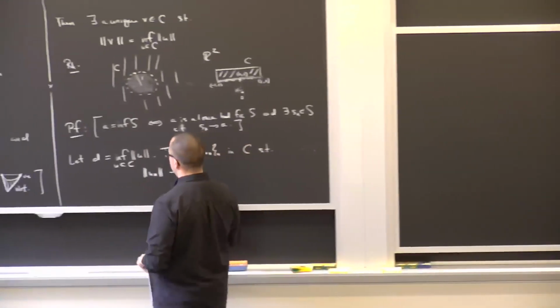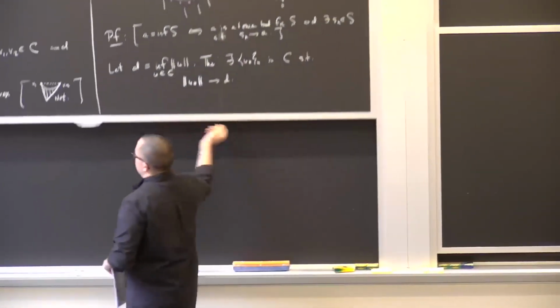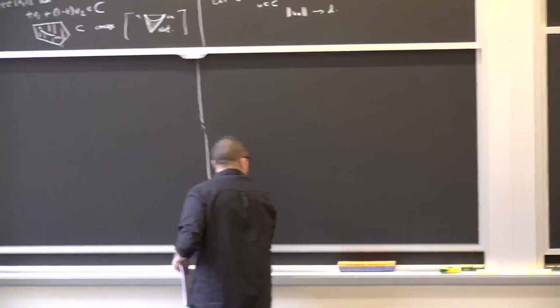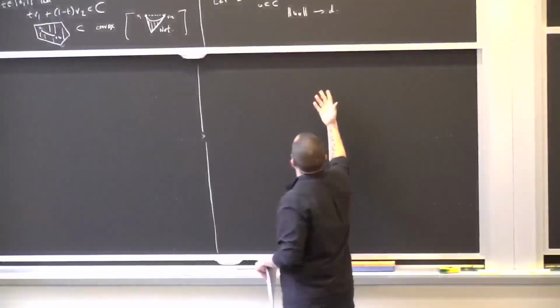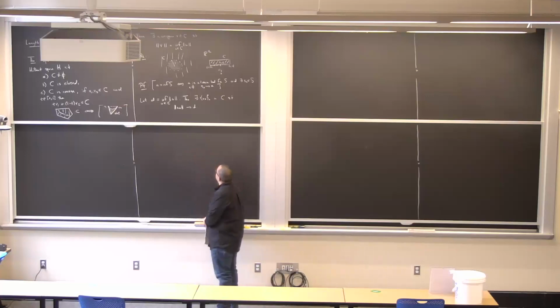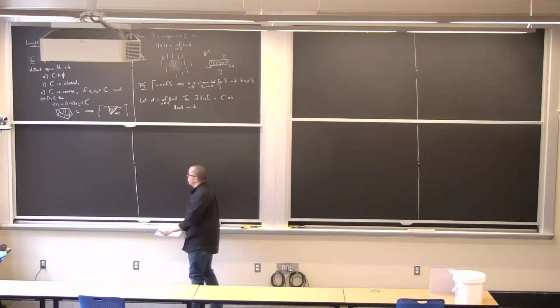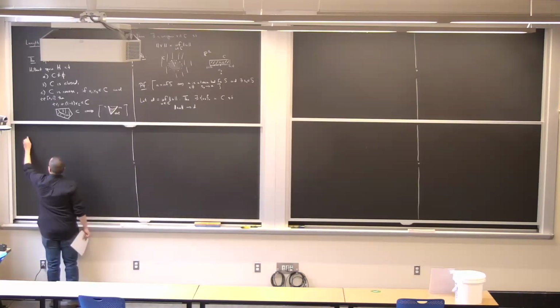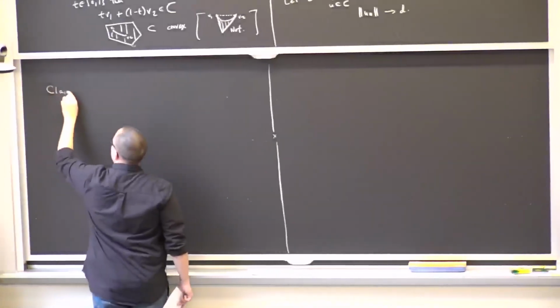So I now make the claim that this sequence, what we're trying to do is come up with some element in C that achieves this D, so that the norm of V is equal to this D. So I now claim that this sequence is in fact Cauchy.